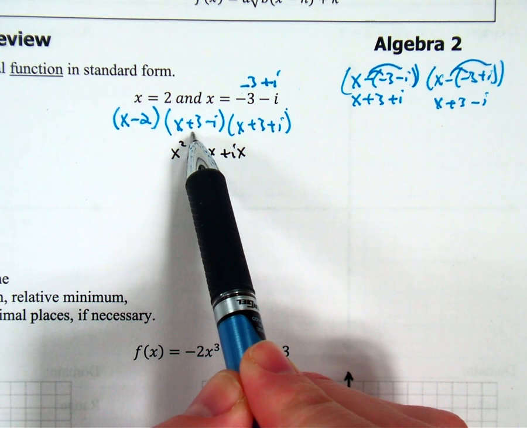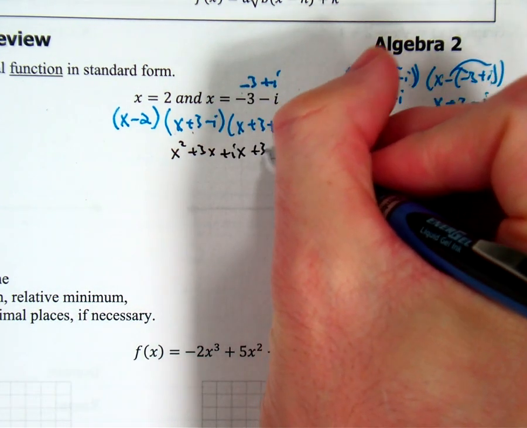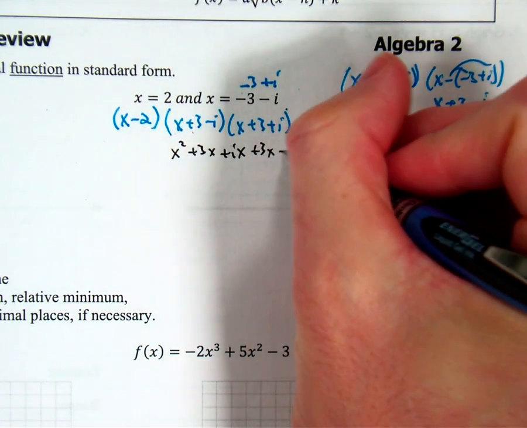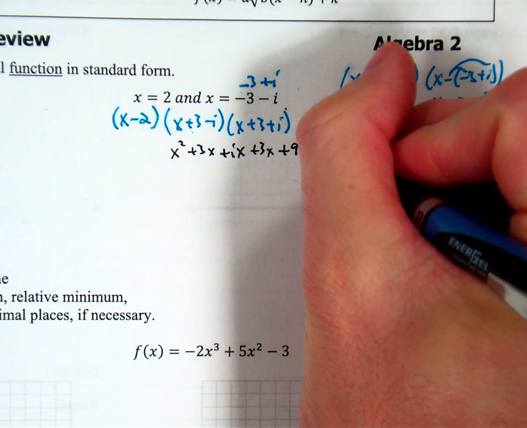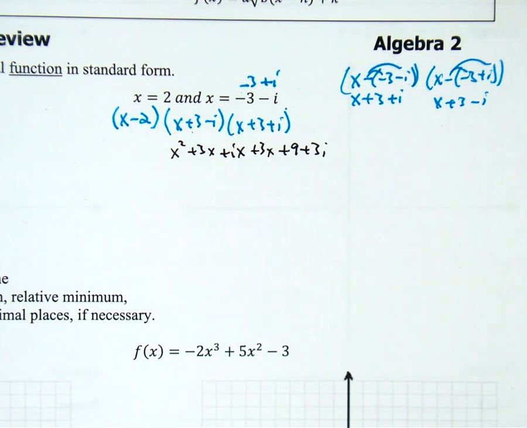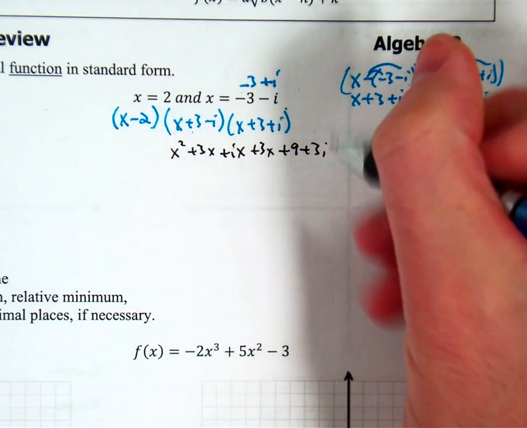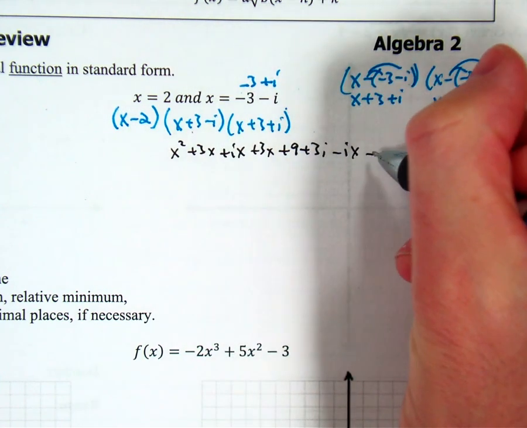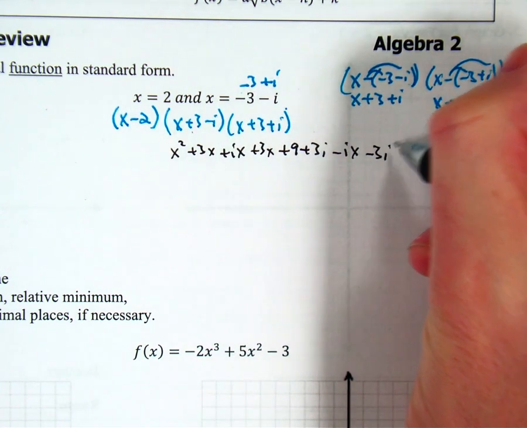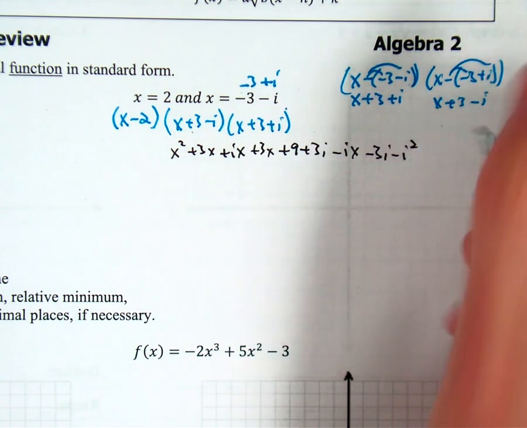Next, we take the plus 3 to all 3 of those. Plus 3x, plus 9, plus 3i. And then we take the negative i to all 3 of those. Negative ix, negative 3i, and negative i times i will have negative i squared.